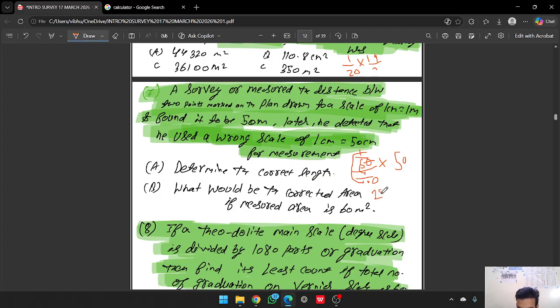If we do have square into 60, then we will get according to the 60.